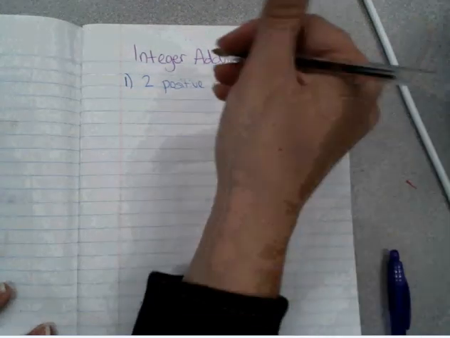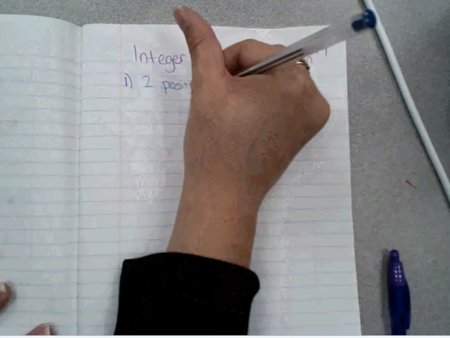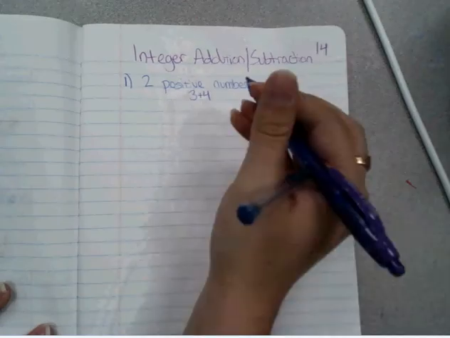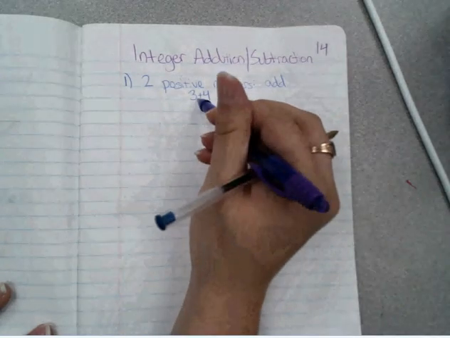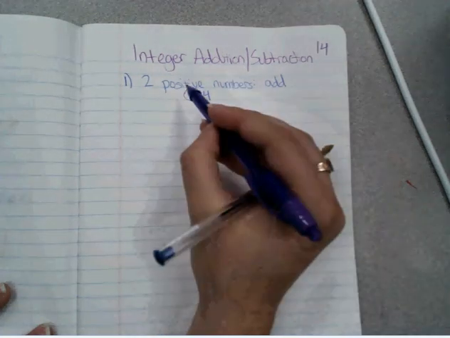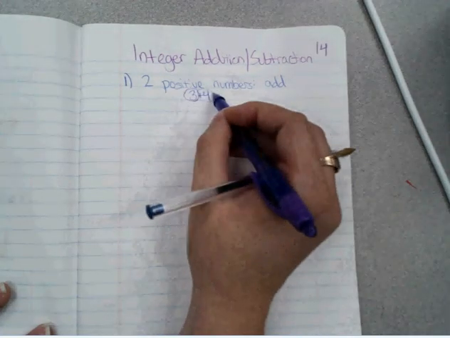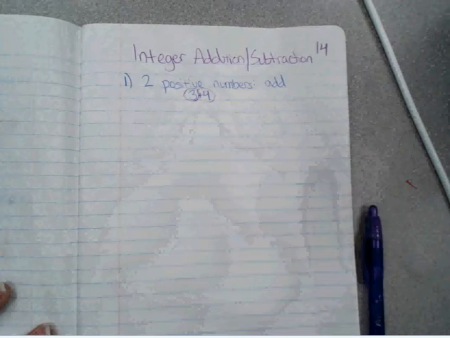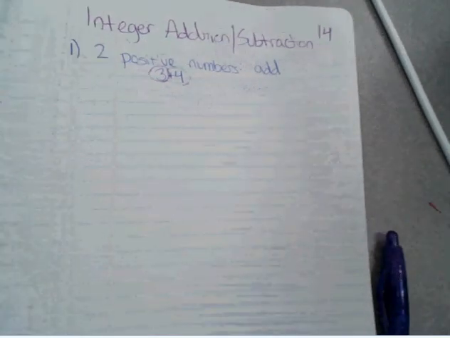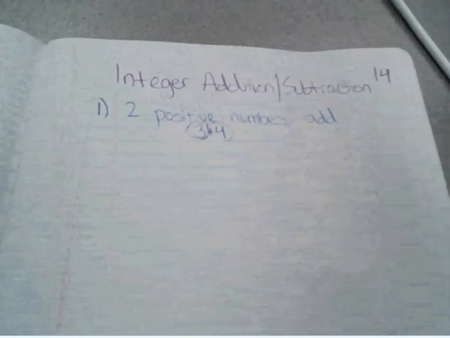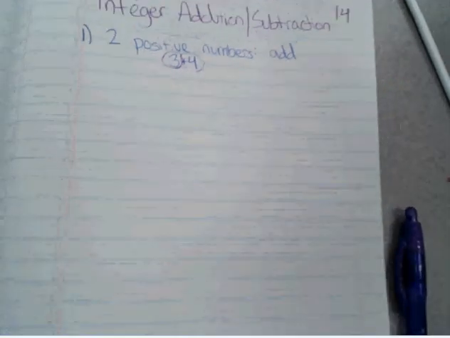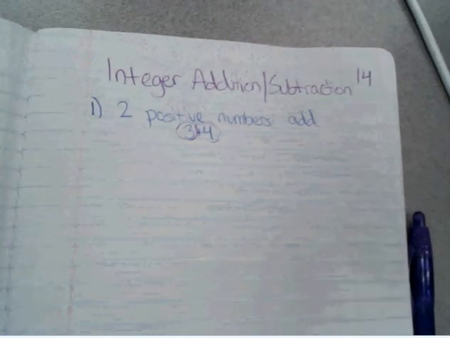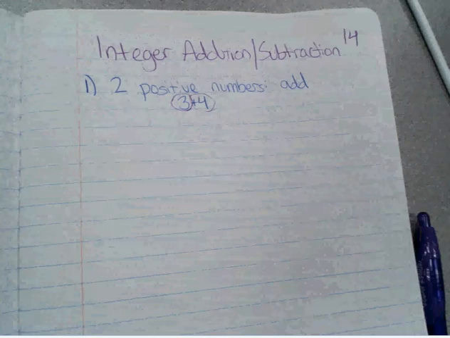So for example, if we have 3 plus 4, again, try to circle these numbers. If you look at the 3, there's nothing in front of it, so you know it's positive. And you know the 4 is positive because there's a positive in front of it. I'm going to zoom in a little bit. There we go. So we have 2 positive numbers, 3 plus 4.